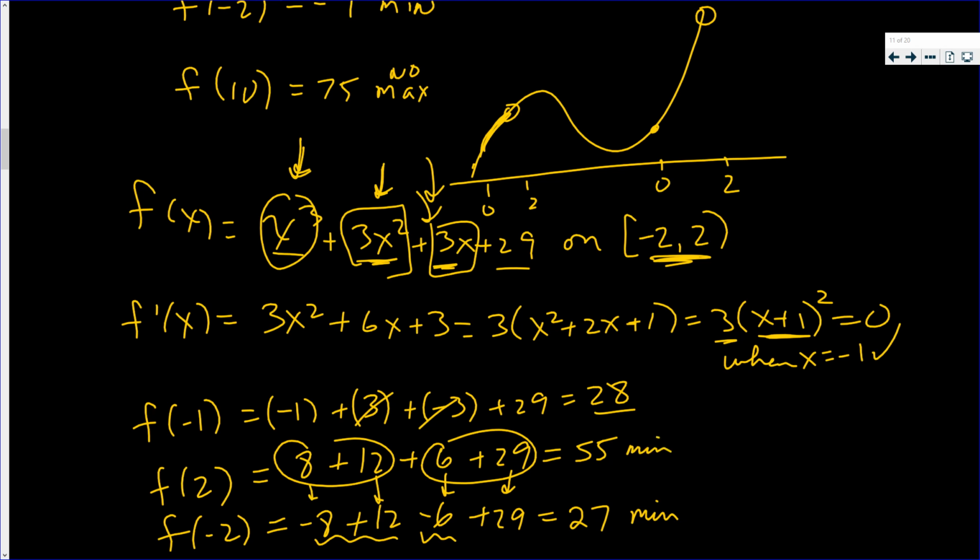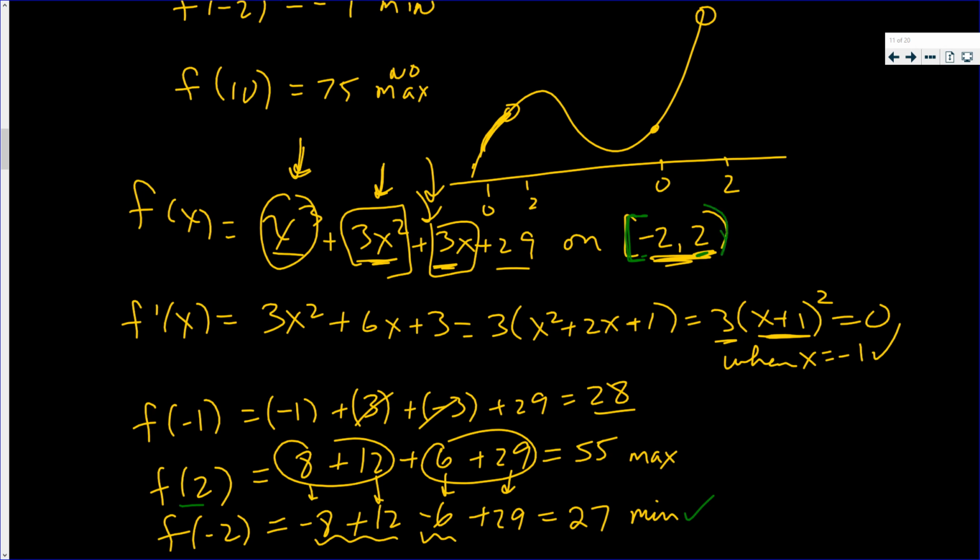Now, let us just be sure now. The min, the possible min, occurred at -2, so we can keep it because it's closed. And the possible max, let's write max. The possible max occurred at 2, but we're not including 2.